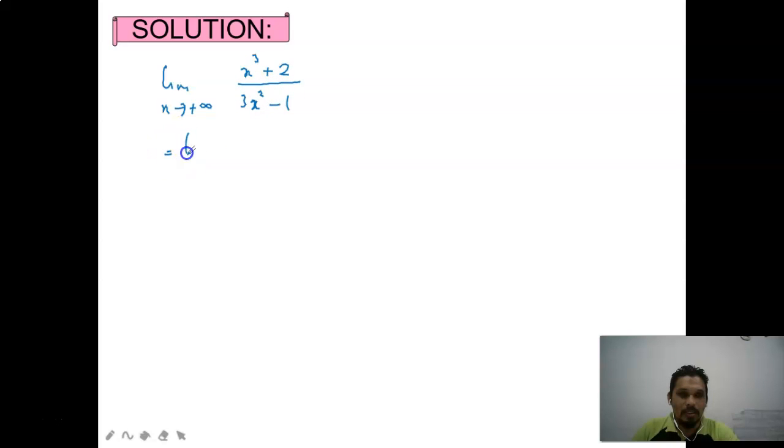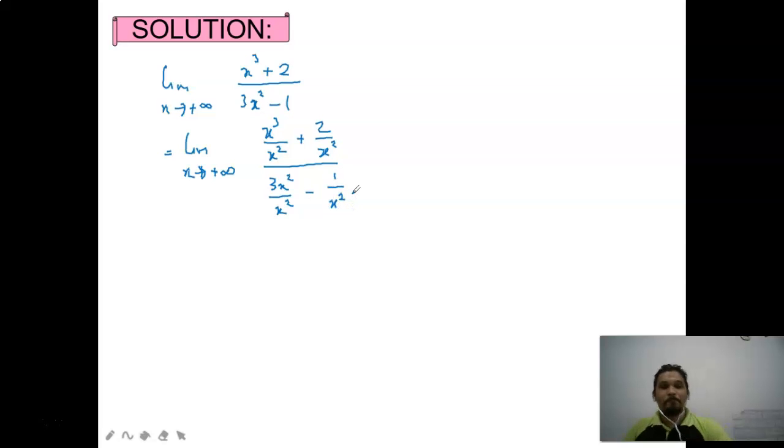So then, the limit as x approaches positive infinity, this one comes out with x cubed divided by x squared plus 2 divided by x squared, divided by 3x squared divided by x squared minus 1 over x squared.